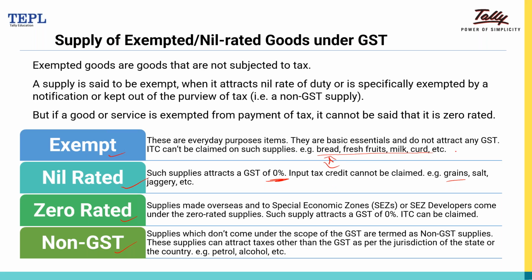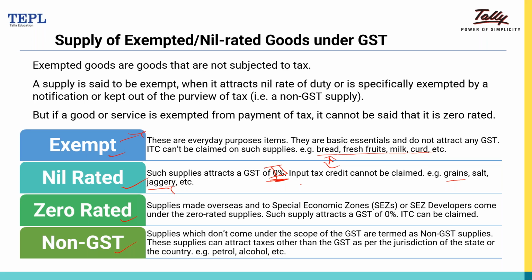Here is only one difference. If you're talking about exempt goods, the government will never apply any tax on this, meaning it is always tax free. But if you're talking about nil rated, if the government wants to levy any tax on this product, the government can, because it comes under zero rated tax.